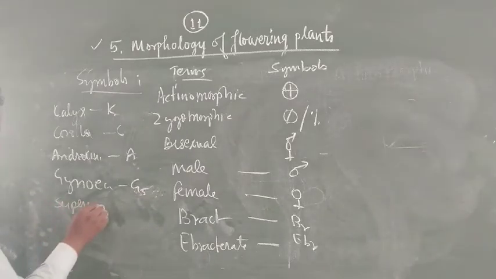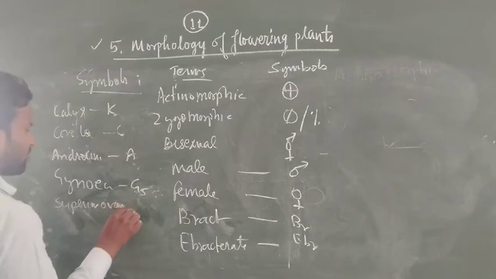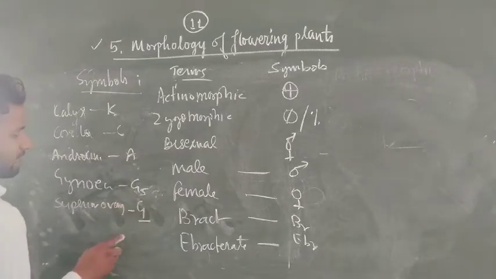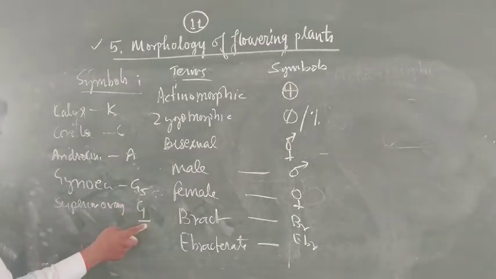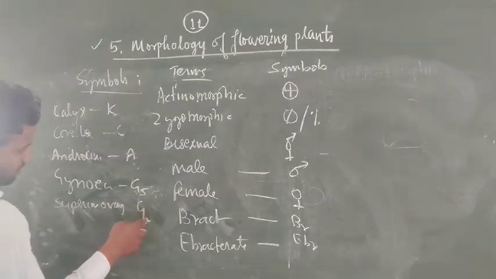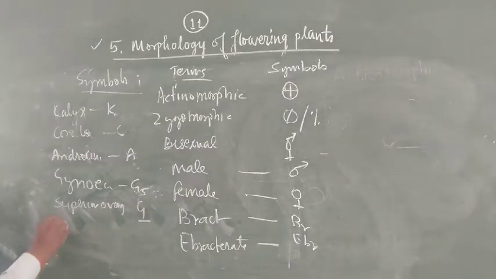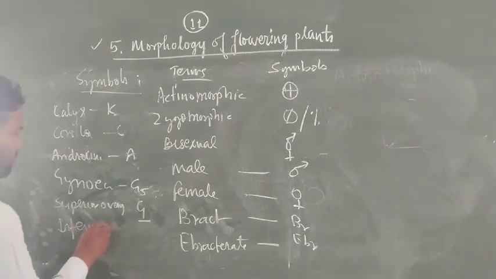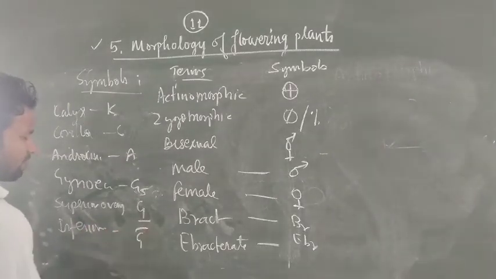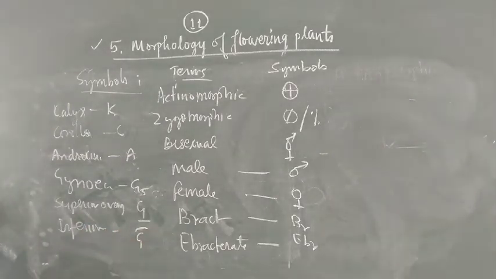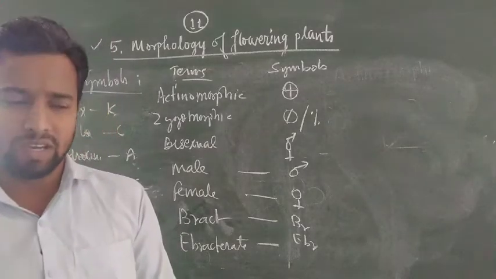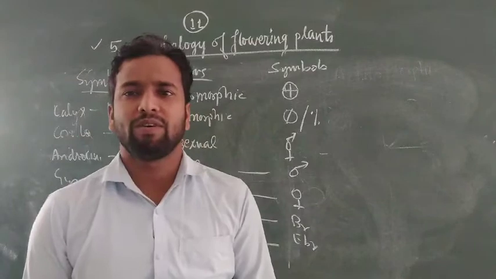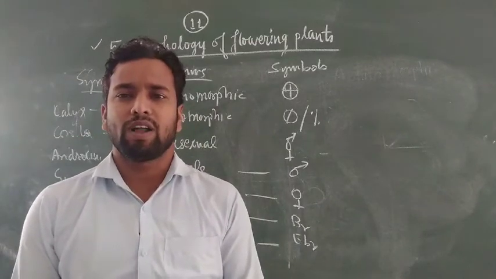Superior ovary is represented by G with a dash under it. Inferior ovary means the ovary is below, and the floral parts arise above the ovary. These are the different symbols used at the time of formation of the floral formula.